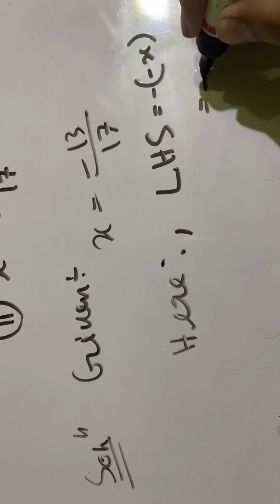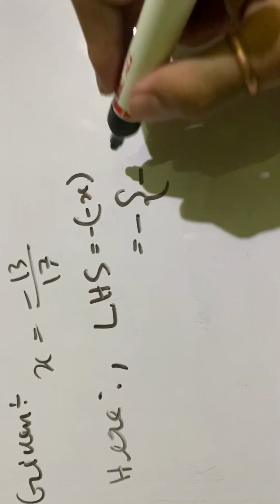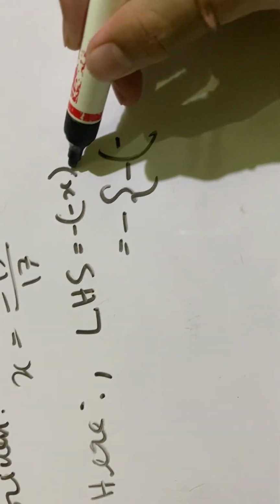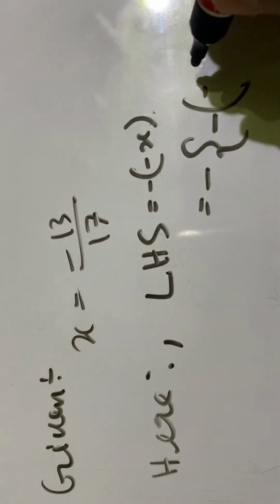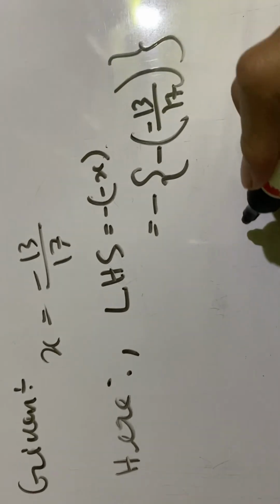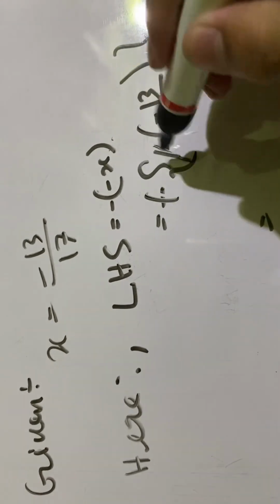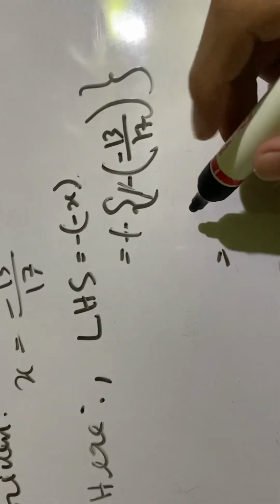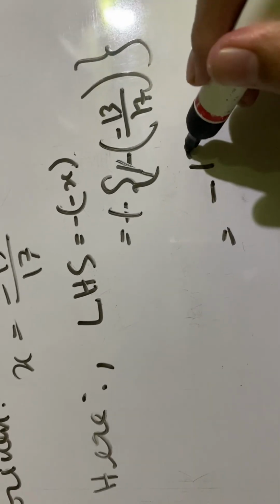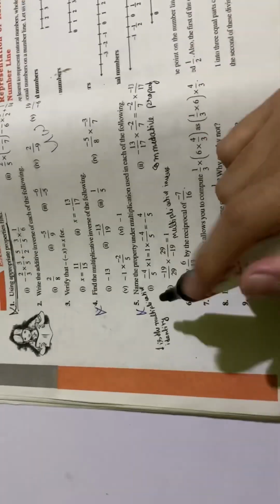Now minus bracket, then minus, within bracket minus, we'll write this term in here in place of x, minus 13 by 17 bracket close. Then this minus and this minus cancel out, you no need to cancel, you can write directly. Then this term is left, so the answer will be minus 13 by 17.